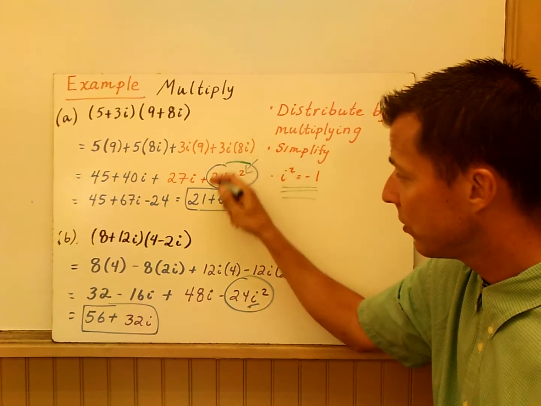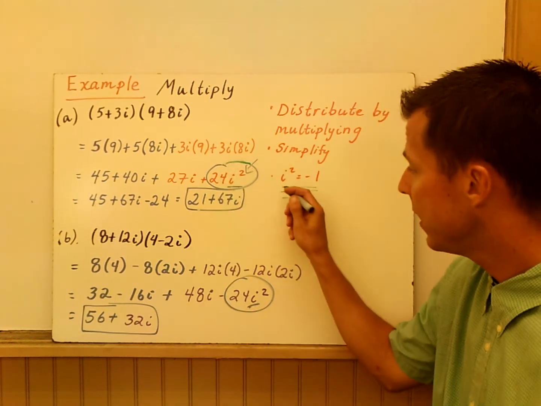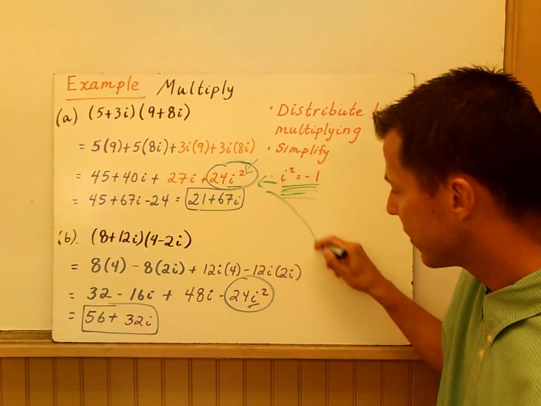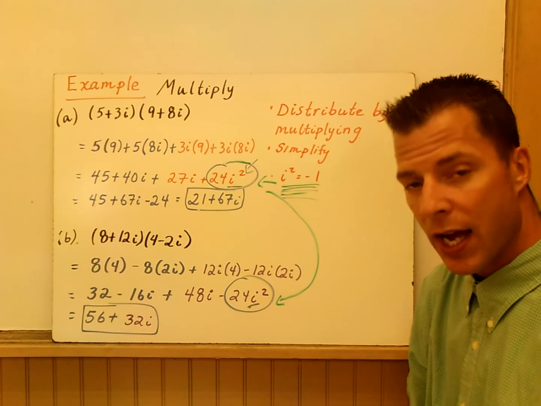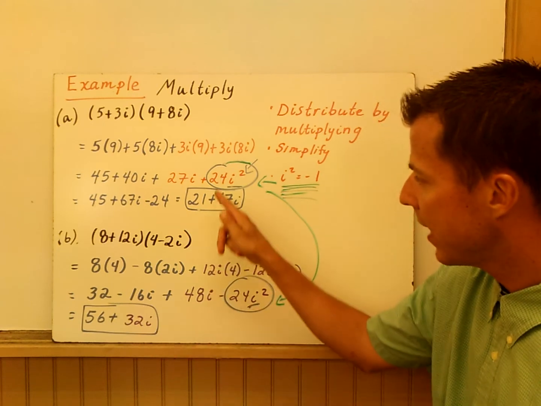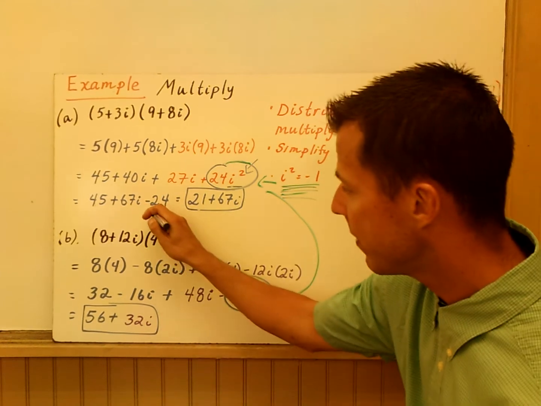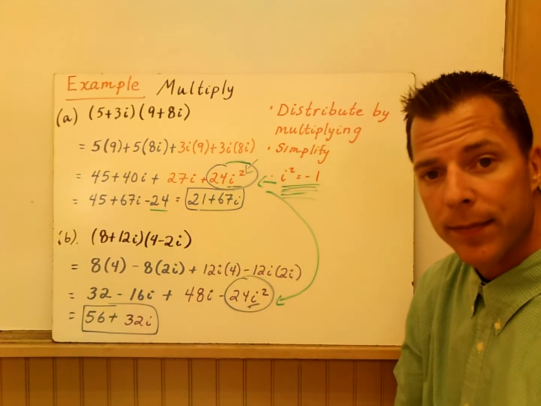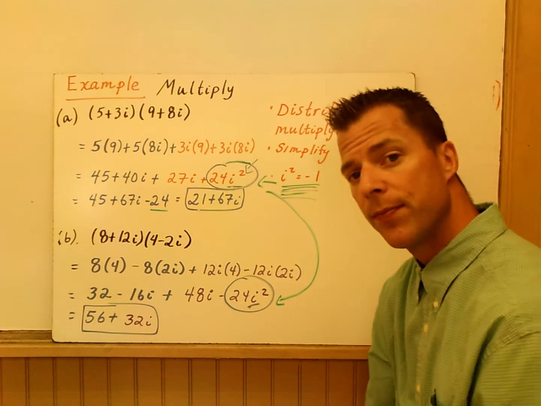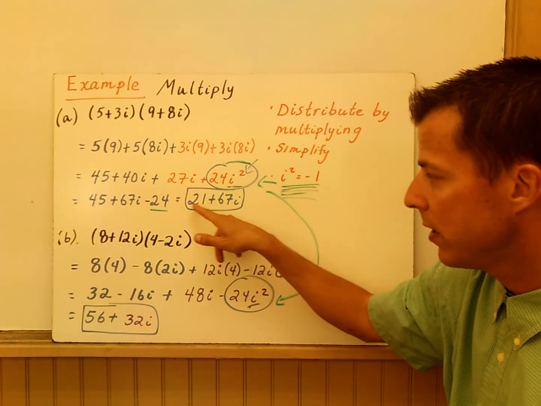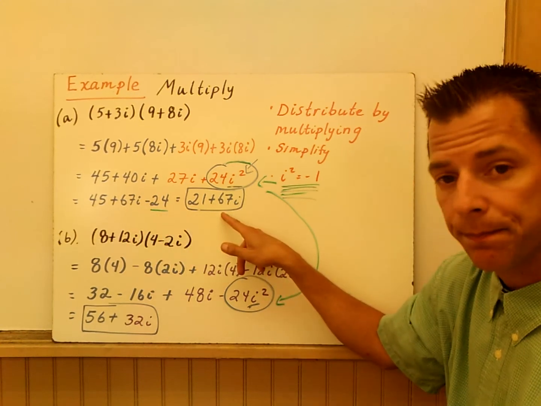And I had that circled, because that's where you're going to need i squared is equal to -1, and when we get into our other example, right down here. i squared is -1, so replace that. 24 times -1 is -24, so there's where that -24 comes in. I've multiplied all my terms now, so what I'll do is just combine like terms. 45 minus 24 is 21, and then we have 67i.